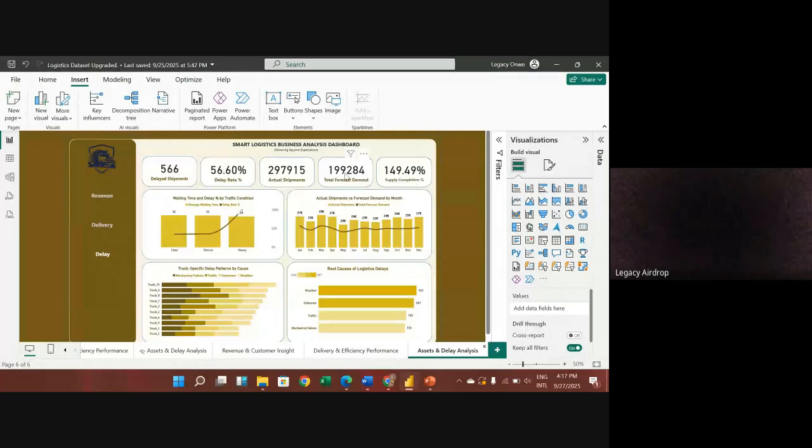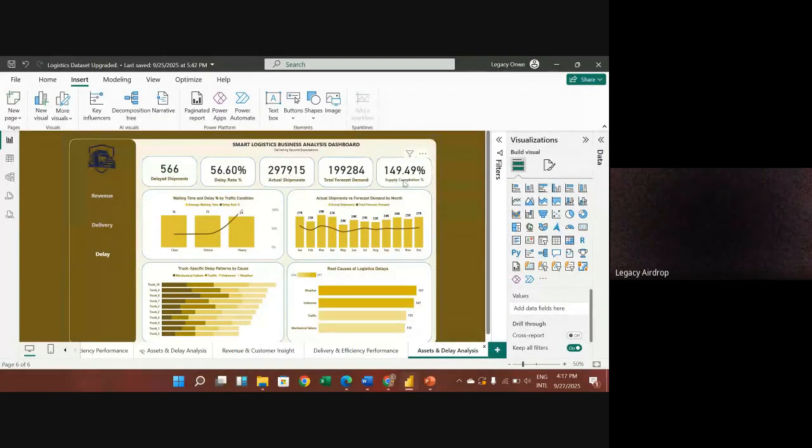This means that the company shipped 49% above the total forecasted demand. The company forecasted 199,284, and they shipped 297,956.